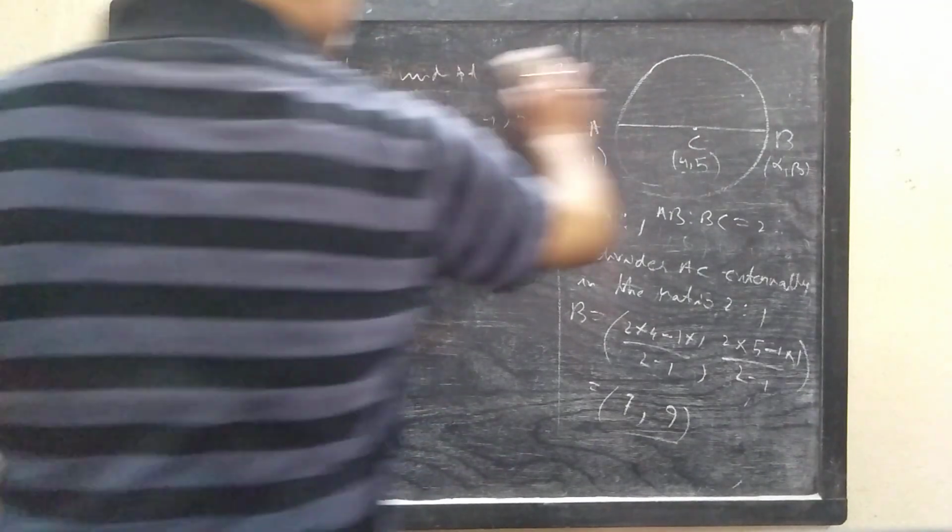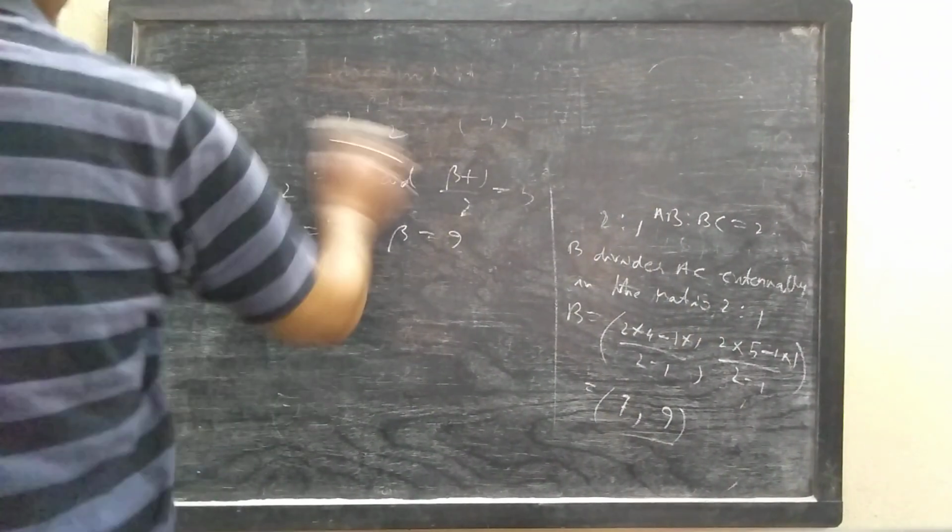Next question. Calculate the coordinates of B if point P divides the join of A and B internally in the ratio 3:5.